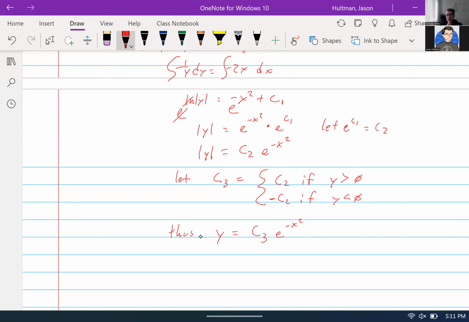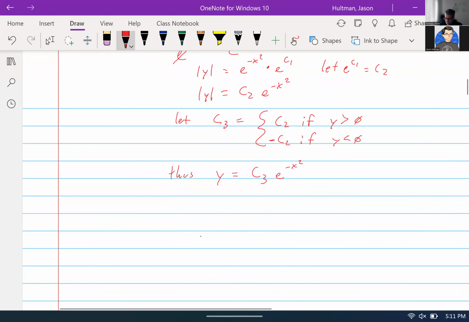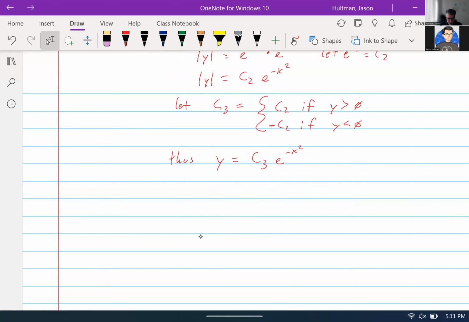The absolute value, if I were to solve that, would give me a positive and a negative, depending upon different conditions. So we kind of take care of that condition.